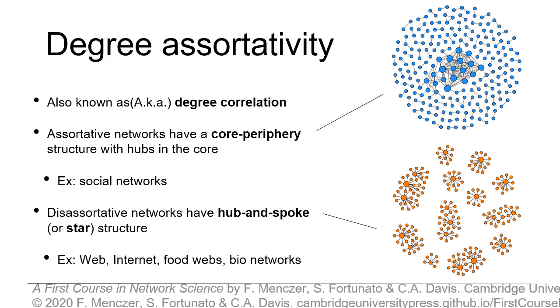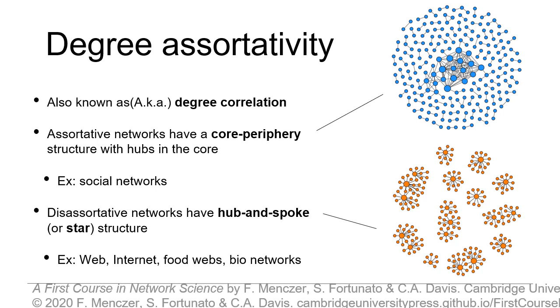Okay, the measure of associativity is also known as degree correlation. An associative network looks like a core-periphery structure with a hub in the core. An example is a social network.